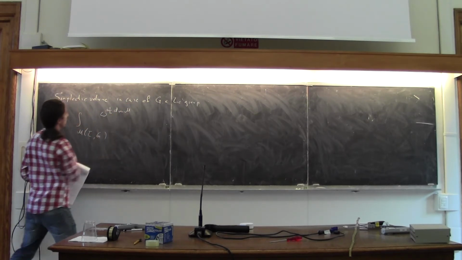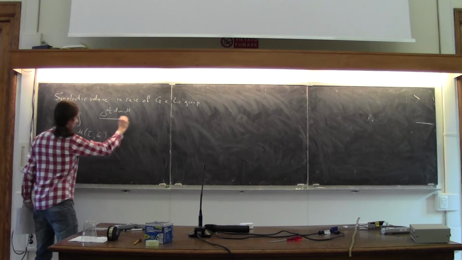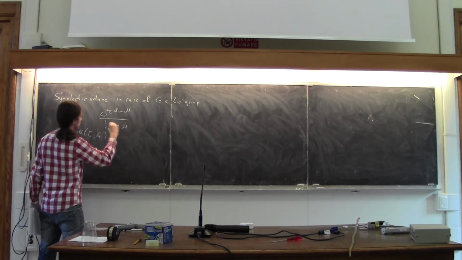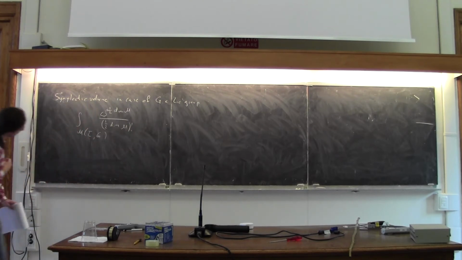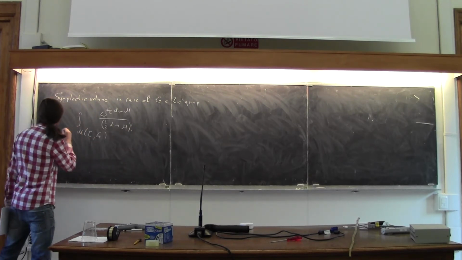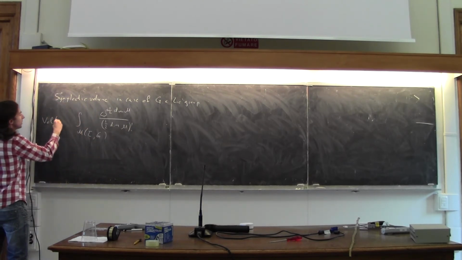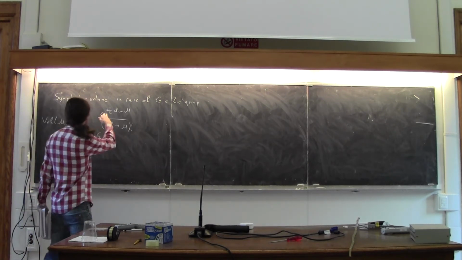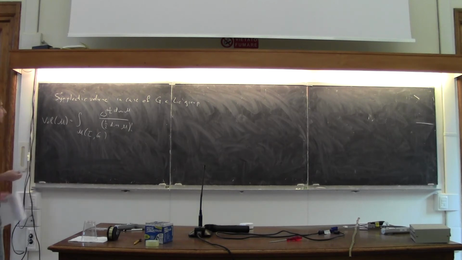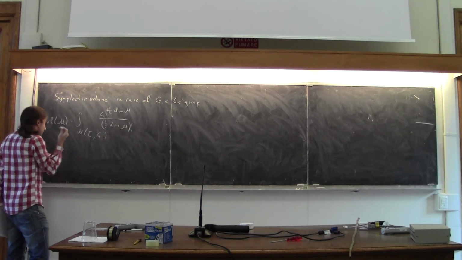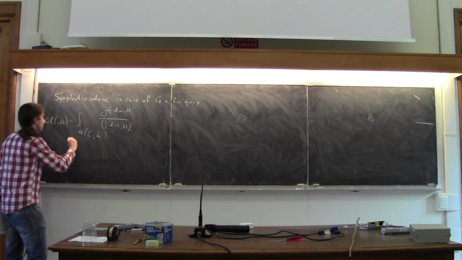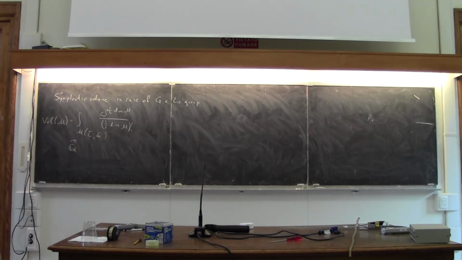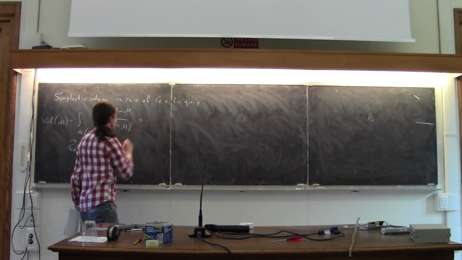So it's the power h, over the factorial of this number. So this is the symplectic volume by definition. I can normalize omega to be an integral class, so this is by construction a rational number.